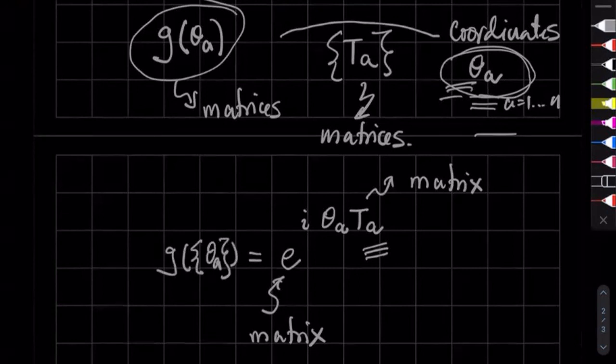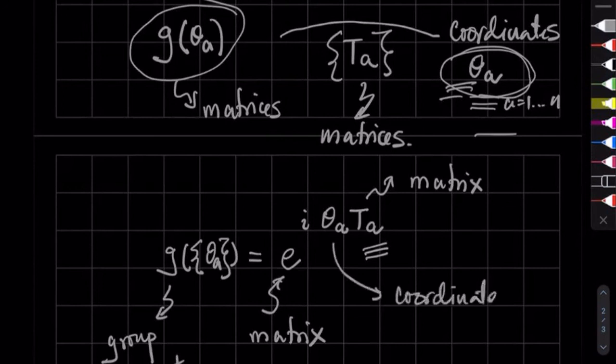So this is a group element, and these are the coordinates on the manifold, the parameters. And these are the generators. Okay, now let's do an example, shall we?